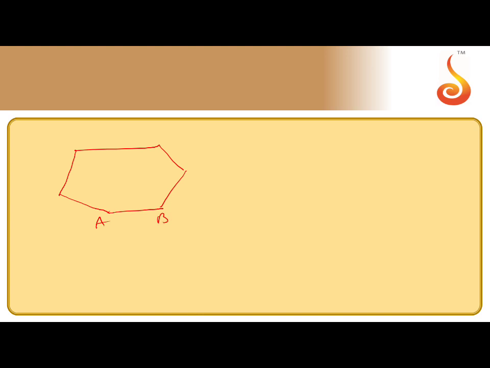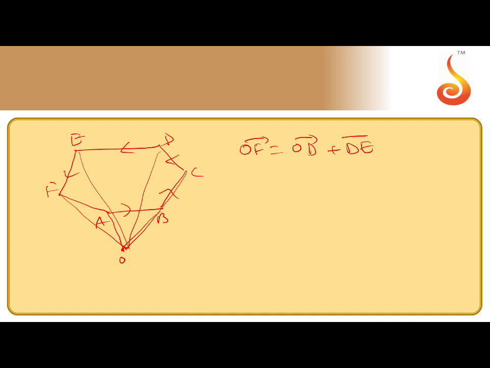So A, B, C, D, E, F. Here direction is important. So A to B, B to C, C to D and D to E. The origin is somewhere. So OB, OC, OD, OE and OF come here like that. They are asking for the position vector OF. So OF bar you can write as OD plus DE plus EF.